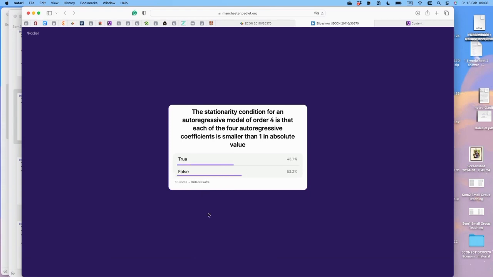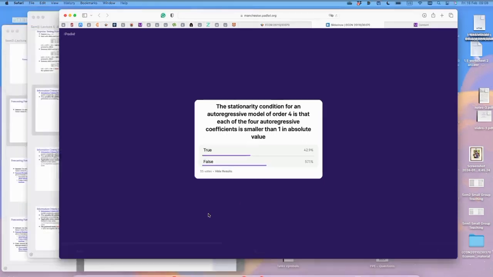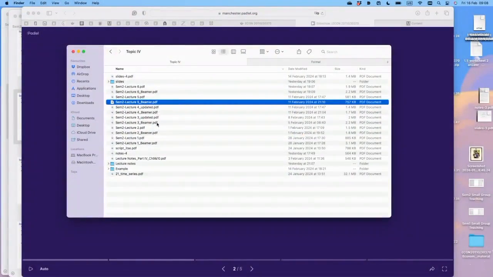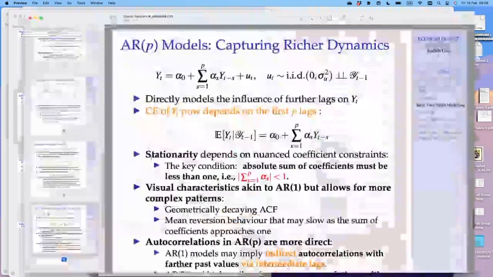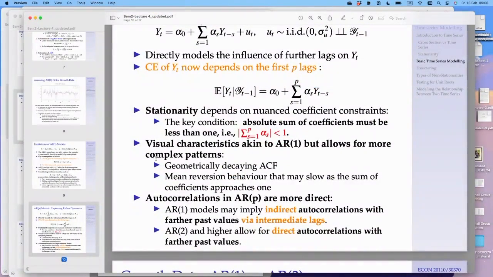So this is a false statement, okay? Remember, that comes from slide 4, where we have that for the higher order AR models, the key condition is that we require the sum of the coefficients to have an absolute value smaller than 1.